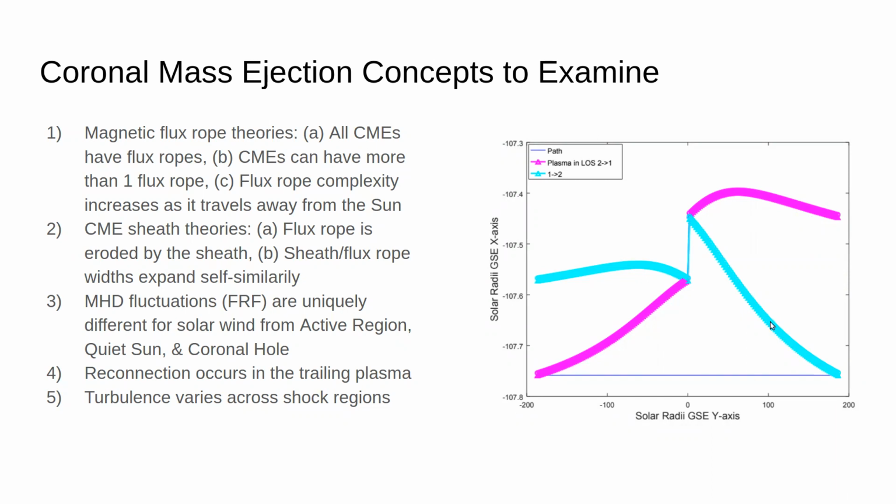And I changed the velocity. So here in the lower velocity, that was about 200 kilometers per second. And then here in the higher velocity, that was about 400 kilometers per second. No, I'm sorry, 300 and 500. And so you can see that distinctly different types of plasma are being sampled at any particular time.